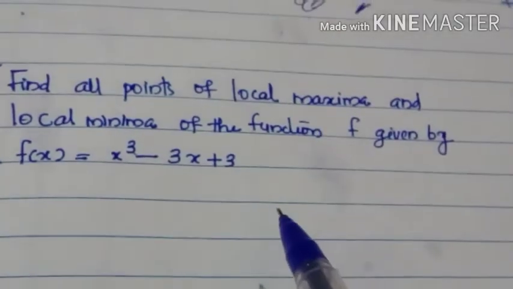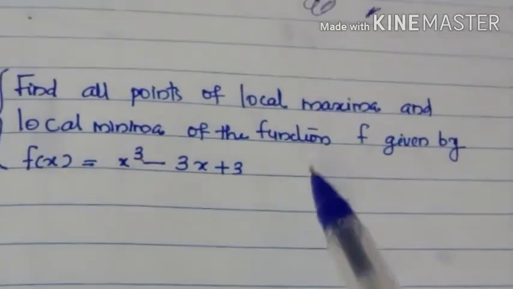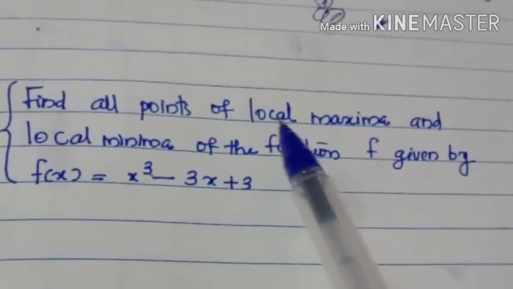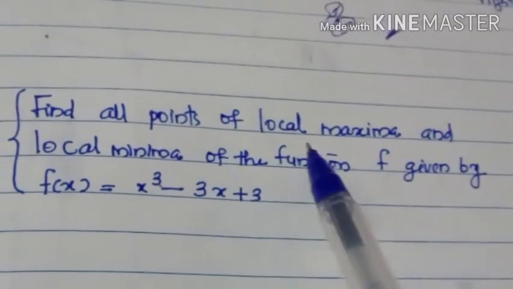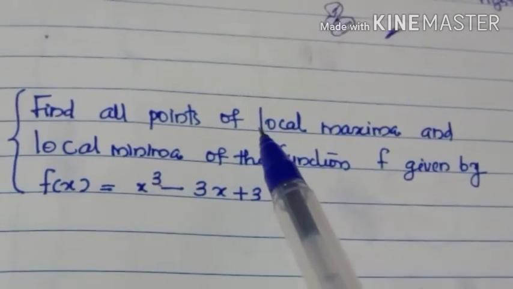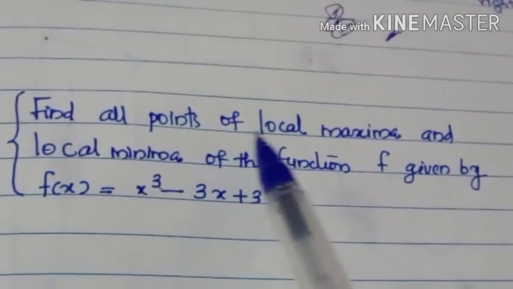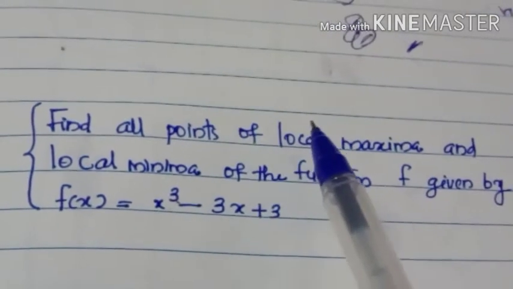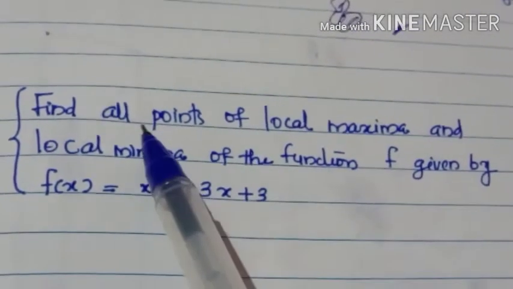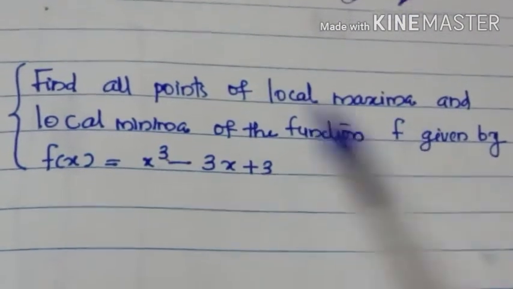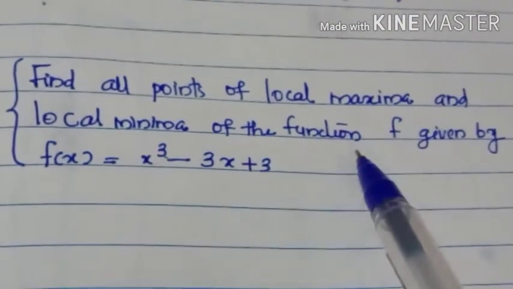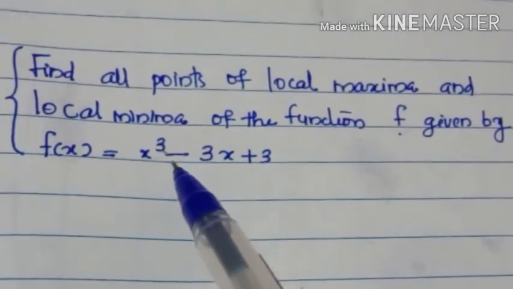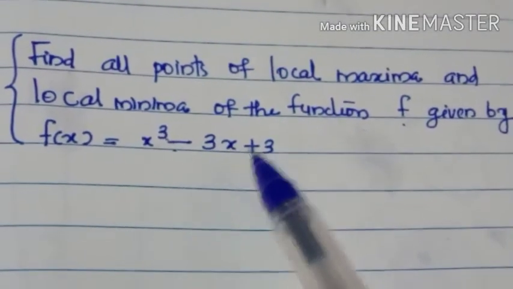See the first problem in maxima and minima based on the first derivative test. Till now we have only done the first derivative test, so we will do the problem with the help of that only. Let's see what the question has to say. Find all points of local maxima and local minima of the function f given by f of x equal to x cube minus 3x plus 3.